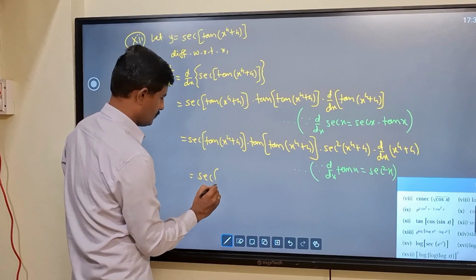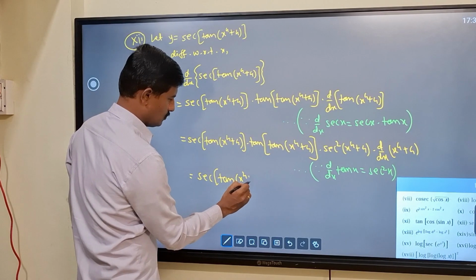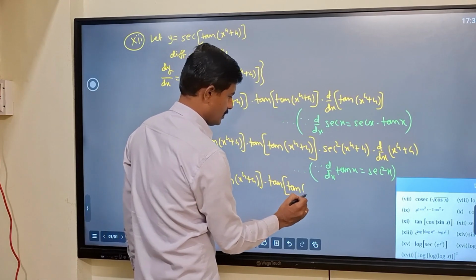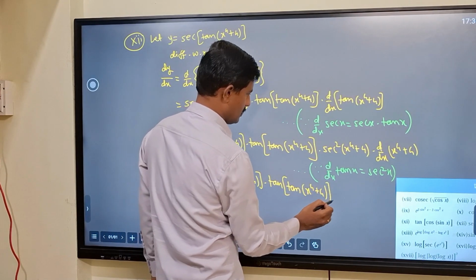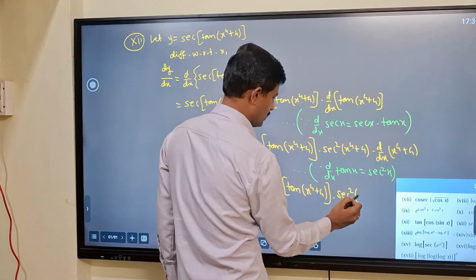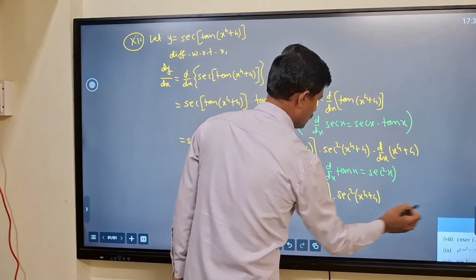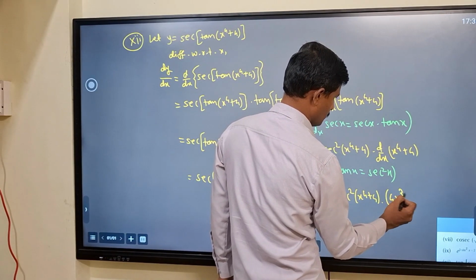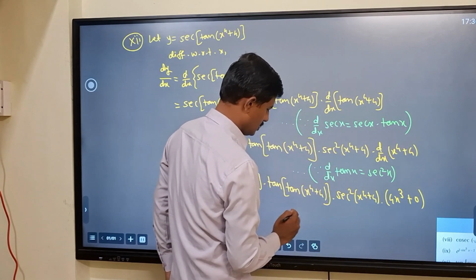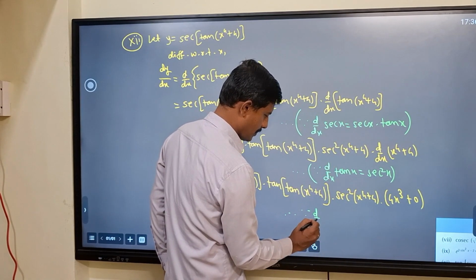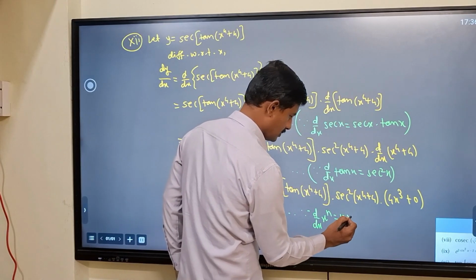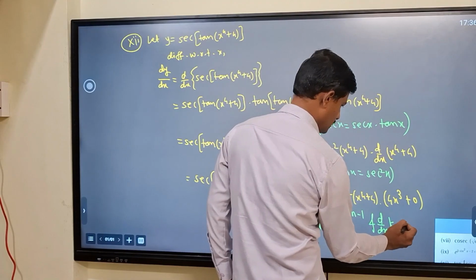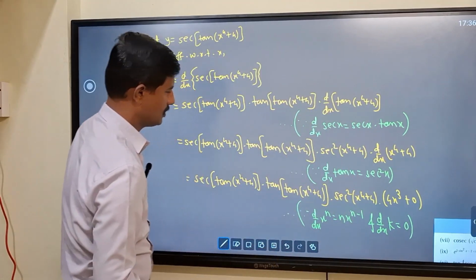Now next one. Okay, sec of tan of x raised to 4 plus 4, tan of x raised to 4 plus 4, into sec square x raised to 4 plus 4, into the differentiation of x raised to 4, which is 4x cube, plus the differentiation of 4, which is 0. Now here we are using the formula d/dx of x raised to n is n x raised to n minus 1, and d/dx of a constant is 0, for any k. Okay.